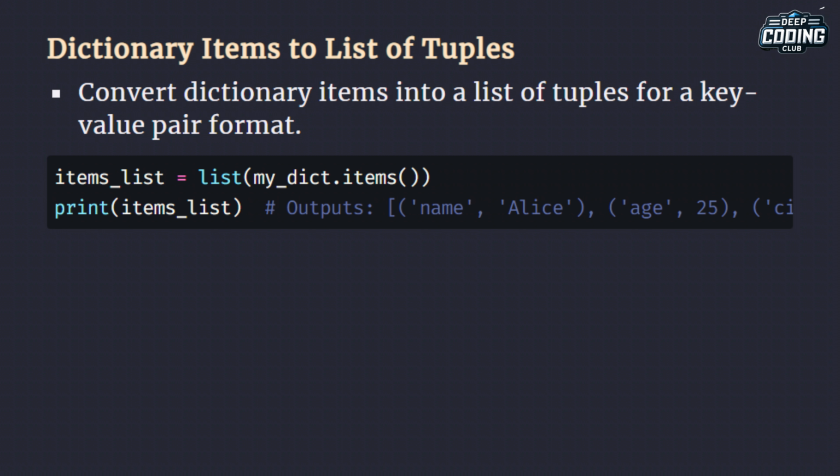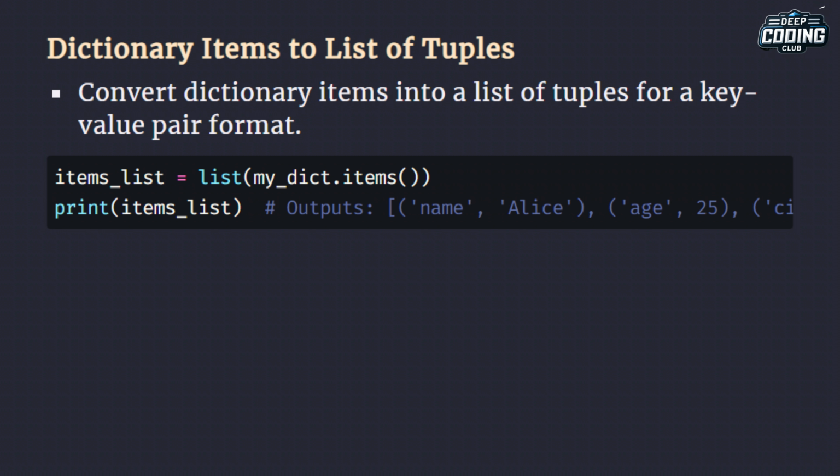To do that, you simply call the .items method. This is another dictionary method, if you remember from our dictionary episode, that will return you all key value pairs from a dictionary. And then we are converting that to a list. And if you print the output, then you can see that it's a list of tuples. Means the first tuple element is name comma Alice, the second tuple element is age comma 25, and the third tuple element is city comma New York.